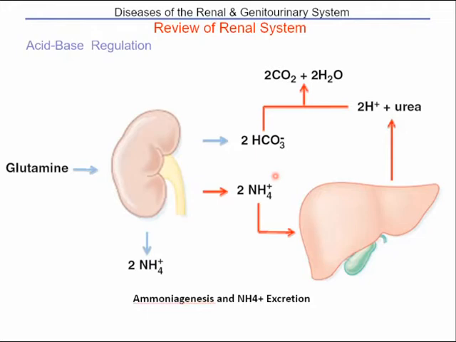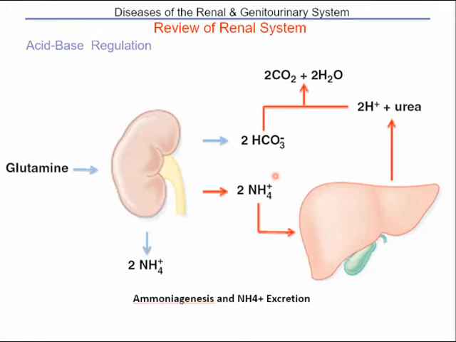Another scheme also for the elimination of your hydrogen ion is through the generation of your ammonia and the excretion of your ammonium, especially to deal with the metabolism of your glutamine.